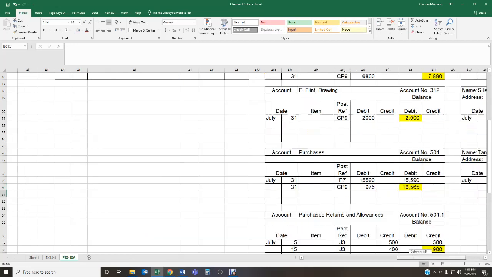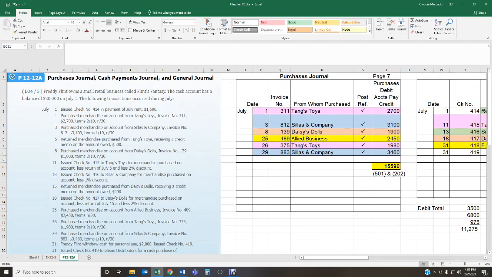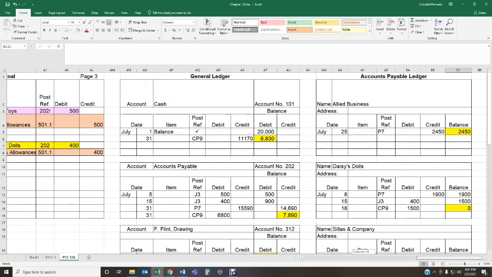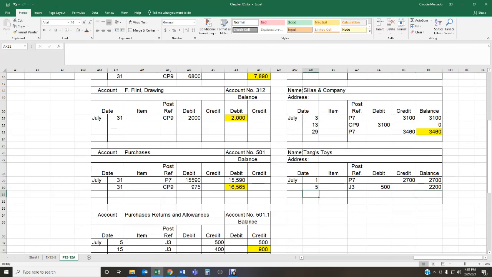Then we can go back and we can locate the other transactions that we had. On the 11th, we paid $2,200 to Tank's Toys, okay. So let's go and let's enter that $2,200 payment. That happened on the 11th, and that is cash payment journal number 9. And we paid $2,200. So that means that at this point, we owed 0 to Tank's, okay?